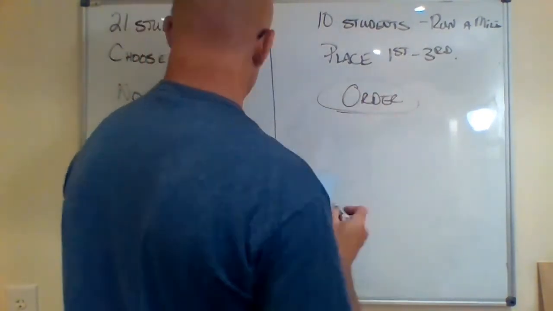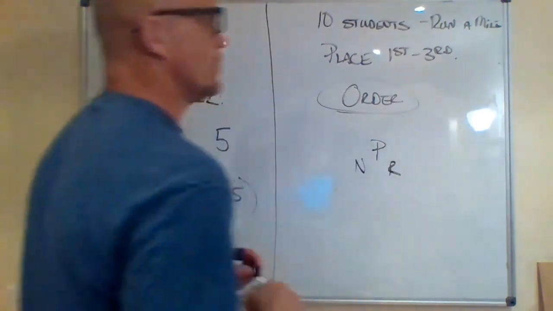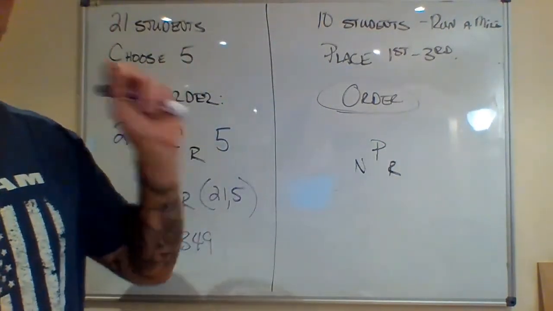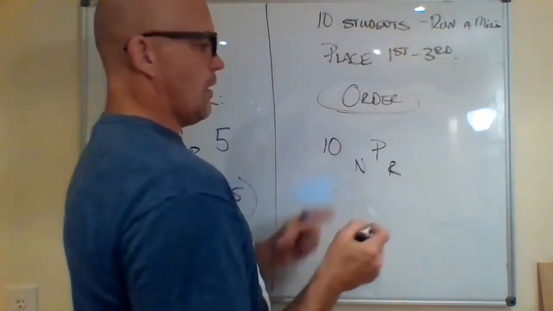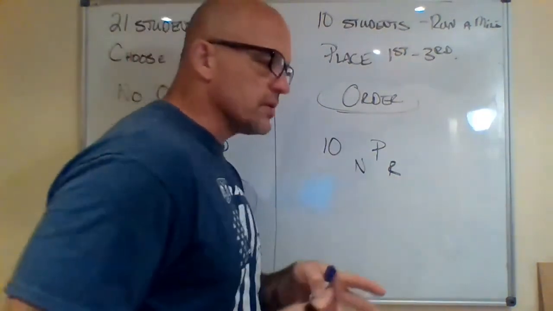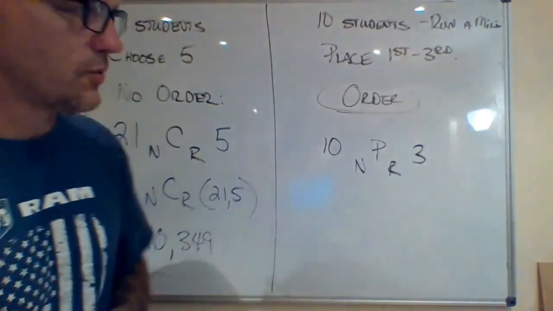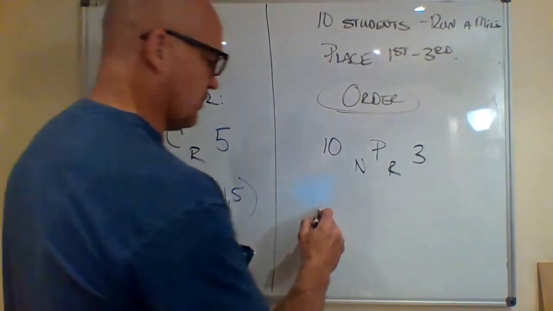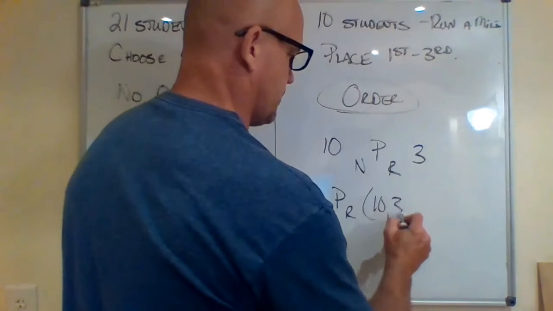That means it is an NPR. In this case, our N, or total number of choices, is 10. The part that we want is 3, because we have 3 students we're going to place first through third. Desmos people, don't forget, NPR 10, 3.